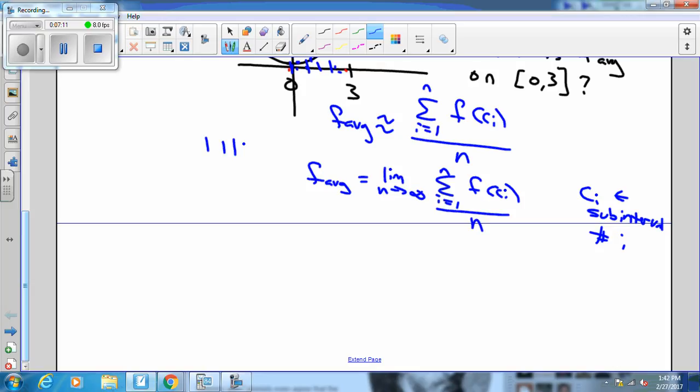Because if you take a look at this n right here, this n I can rewrite as times 1 over n. And now I'm going to take that 1 over n and think about what that 1 over n is.